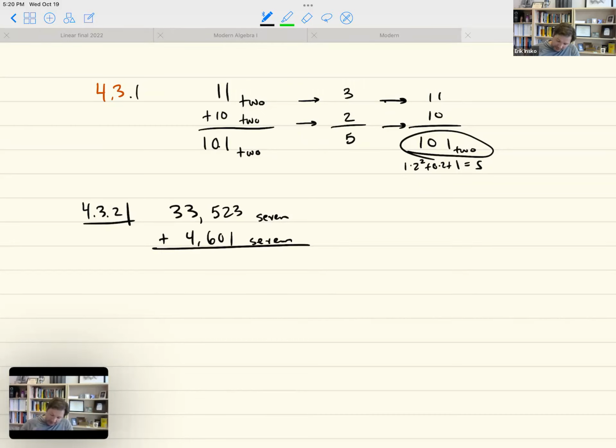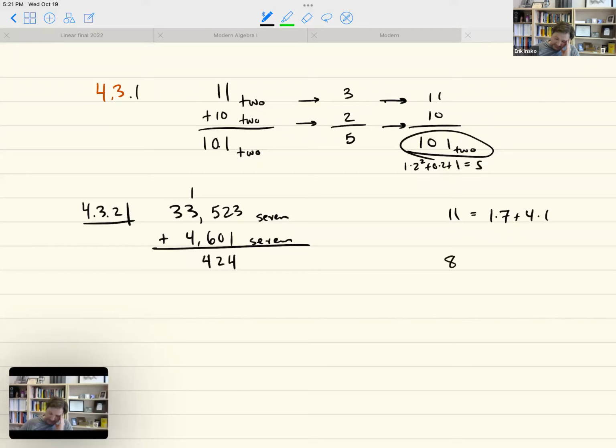Okay, so 3 plus 1 is 4. 2 plus 0 is 2. 5 plus 6 is 11. And then 11 in base 7 is 1 times 7 plus 4 times 1. So that's going to give me a 4, and I need to carry a 1.